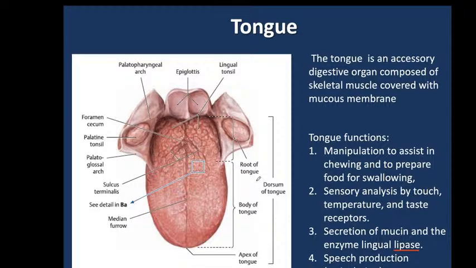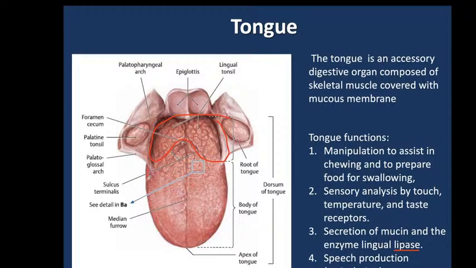As you see, the tongue has two parts. This is the dorsal or posterior part here. The posterior part we call the root of the tongue. In Latin, it is radix.